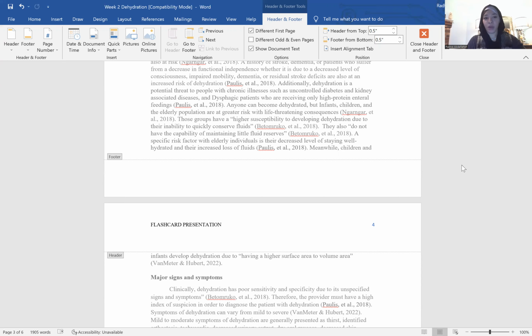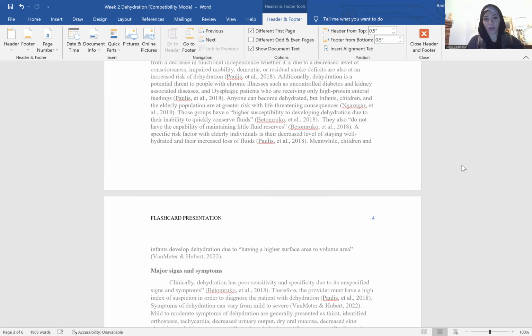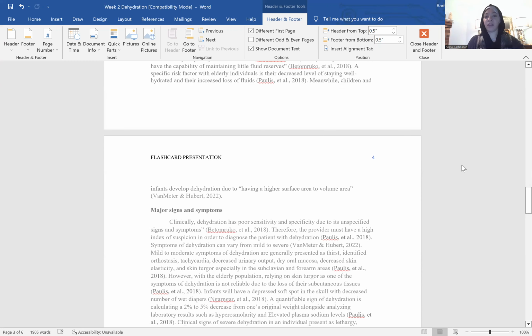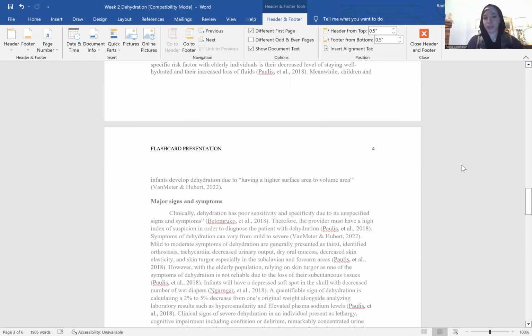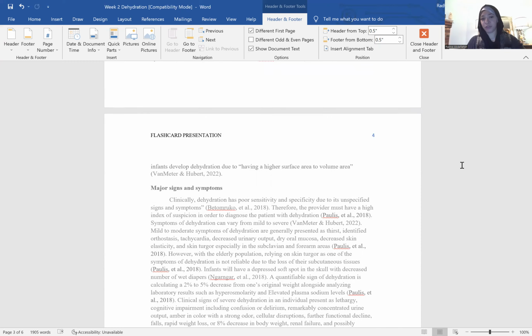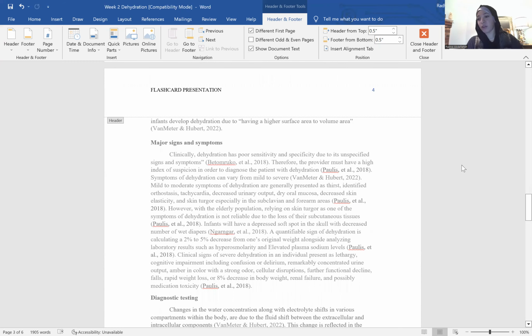They also do not have the capability of maintaining fluid reserves. A specific risk factor with elderly individuals is their decreased drive to stay well hydrated and their increased loss of fluids. Meanwhile, children and infants develop dehydration due to a higher surface area to volume ratio.